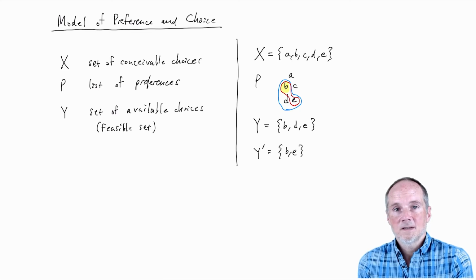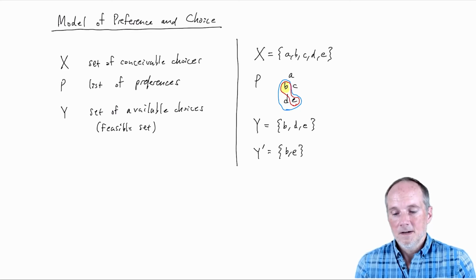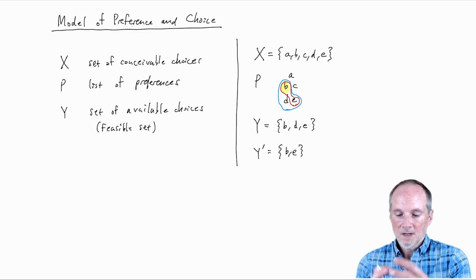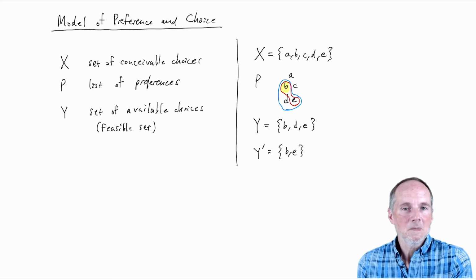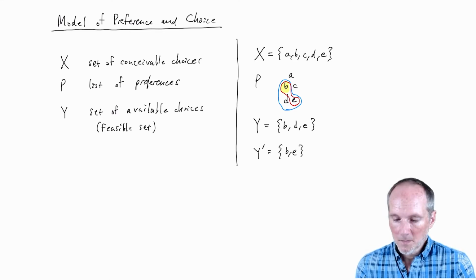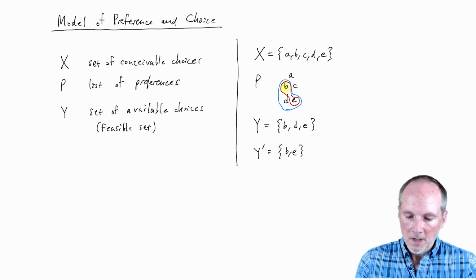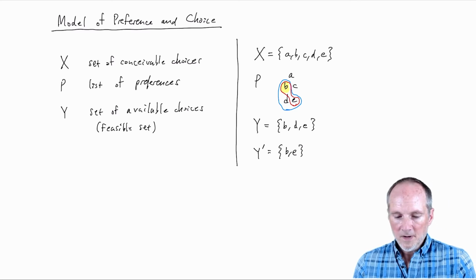So there's no reason to change that choice, right? If you're choosing something the best you can, and then something worse drops out, there's no need to change your mind.